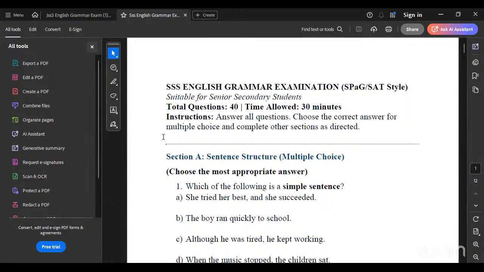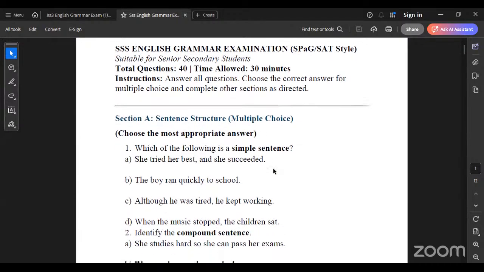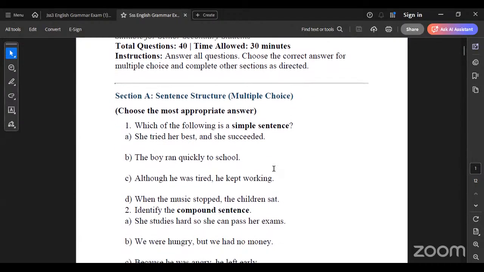Let me close this. All right, so this is grammar. I found it for SPAG and SAT, and just put them together to be sure that they follow the sequence we wanted. And of course, since we just learned sentence structure, it makes sense to test it and show it to you in a way that it might be presented in an exam. Okay? Yes. So let's go.